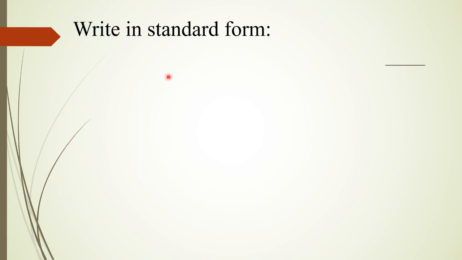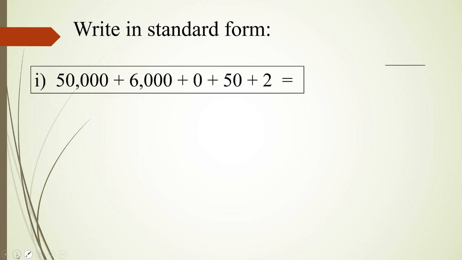Now write in standard form. How to write a number in standard form? If the expanded form is already given, how to write it in standard form? Now look at this example. Okay. So the first is 50,000 here, then 6,000, then 0, then 50, then 2.